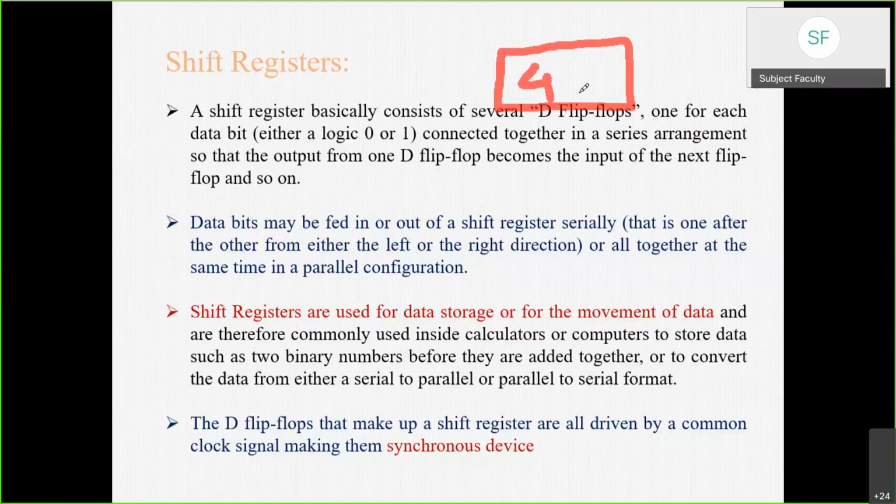This block will store 4 bits of a number. So you have to now give the input, the bits which you want to store. For the sake of understanding, let's say I want to store 4 bits, such as 1111, into this shift register.